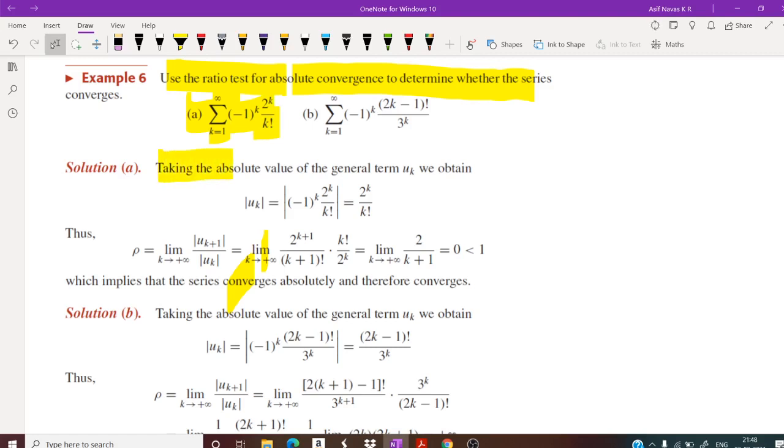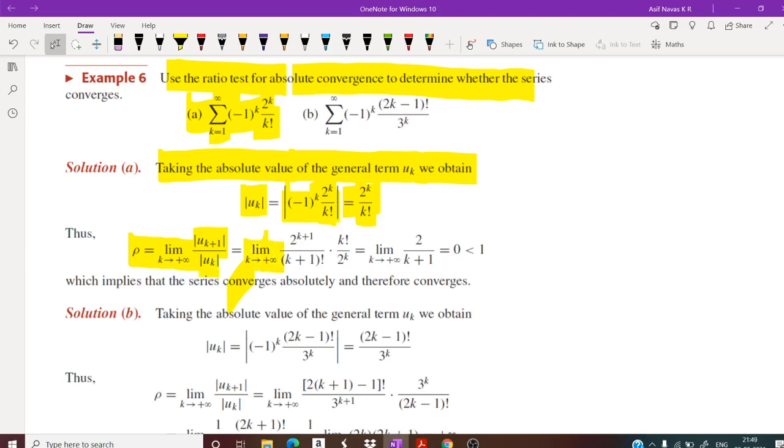So taking the absolute value of the general term uk, we obtain mod uk is equal to mod minus 1 power k, 2 raised to k by k factorial, which is equal to 2 raised to k by k factorial.